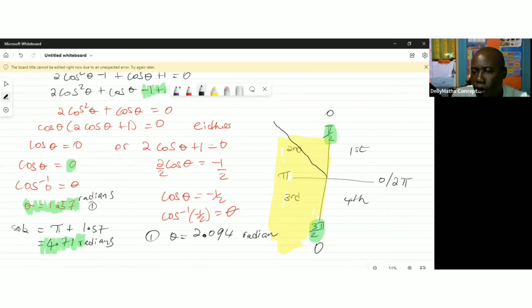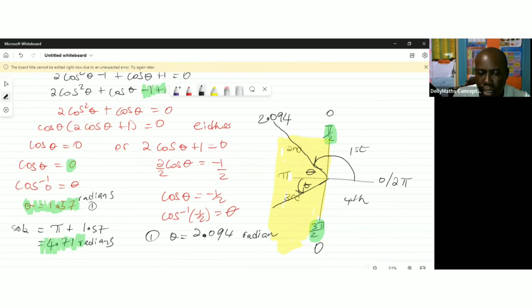This angle here is very necessary because we need to use it to find the related angle in the third quadrant, because cosine is negative in the second and in the third quadrant.